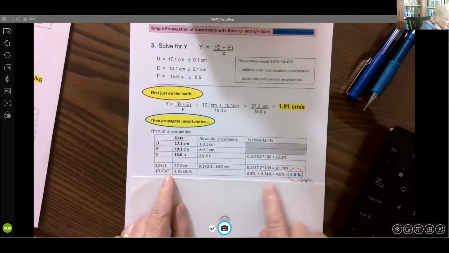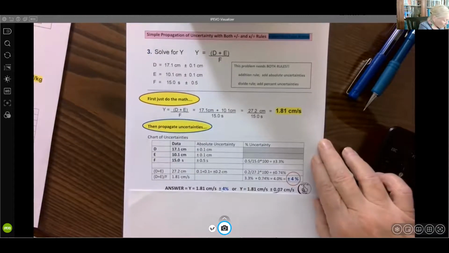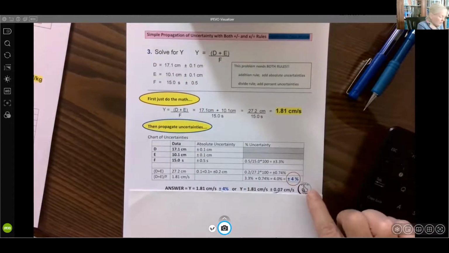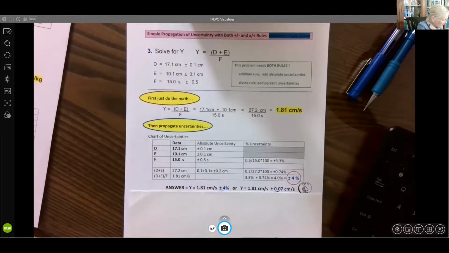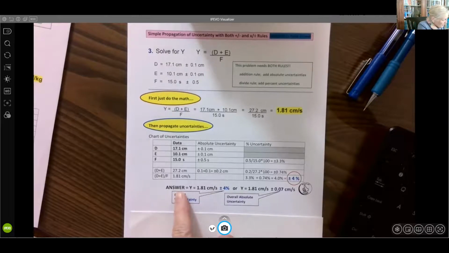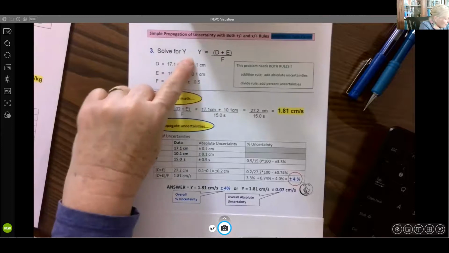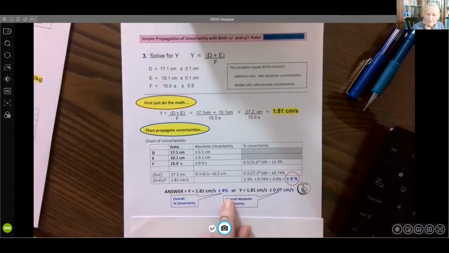Let's just add them together, get this number of 4.0, and since that overall percent uncertainty is greater than 2, I'm going to drop it to 1 sig fig. The rule of thumb drops the overall percent uncertainty to 1 sig fig. So here, the answer is Y. Y has a numerical answer with units and an overall percent uncertainty of 4%.